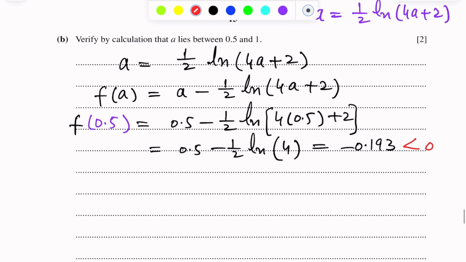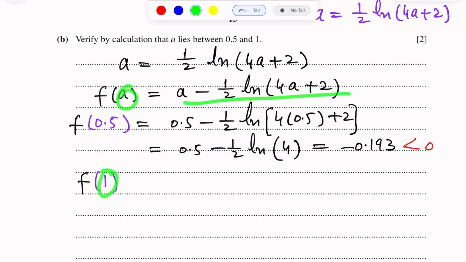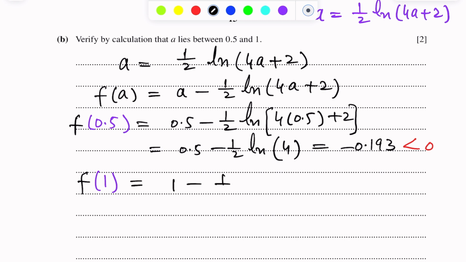And now we will find f1, putting 1 in place of a in the same relation. We get 1 minus 1 over 2 log 6.